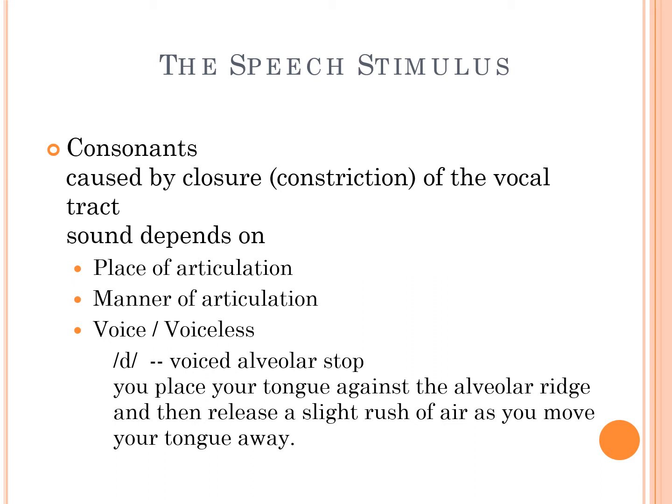The place of articulation. If I use the examples of b, p, b, p, b is bilabial, and p, they are bilabial. I'm putting my two lips together to create that sound.